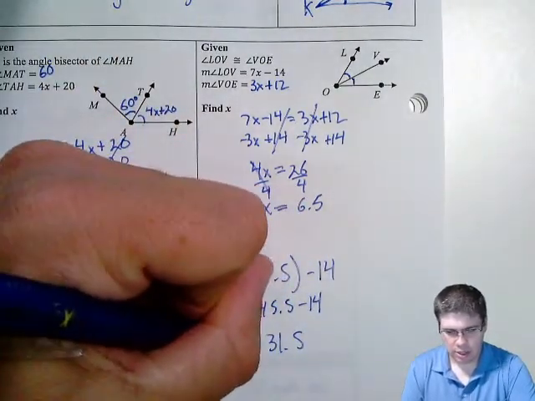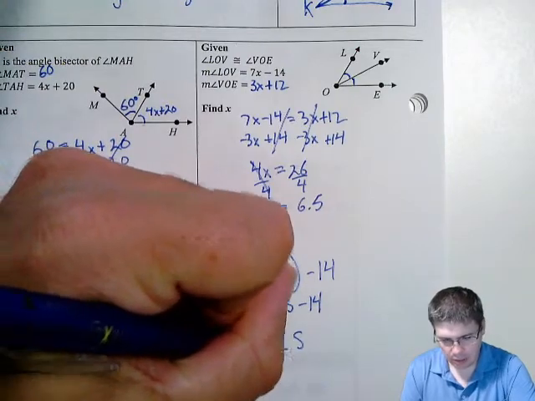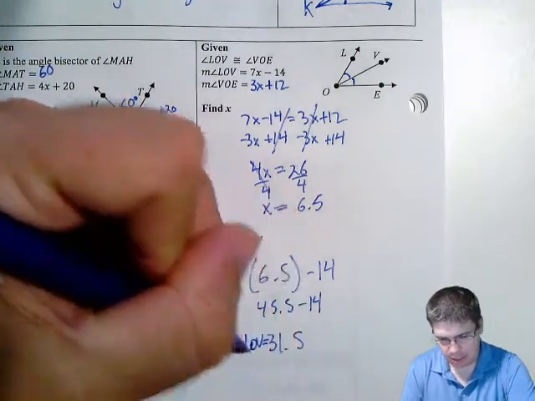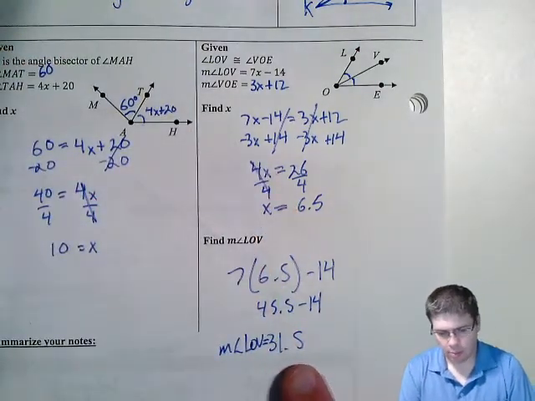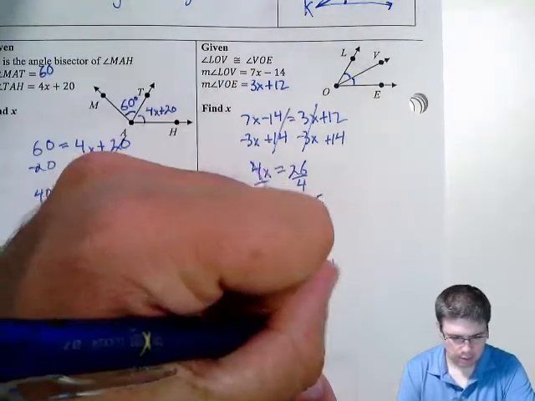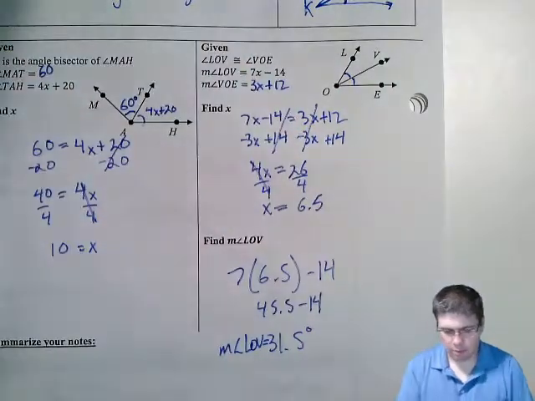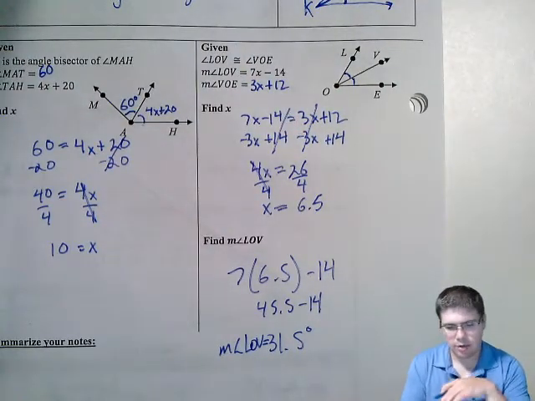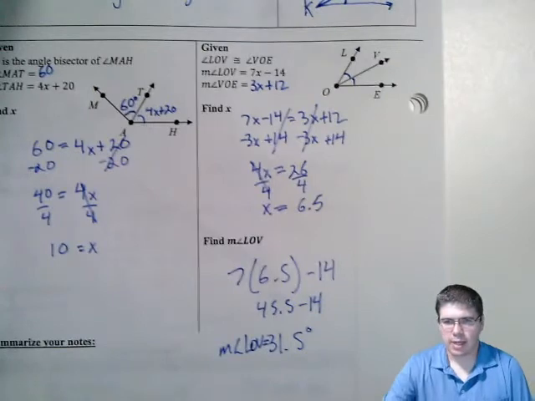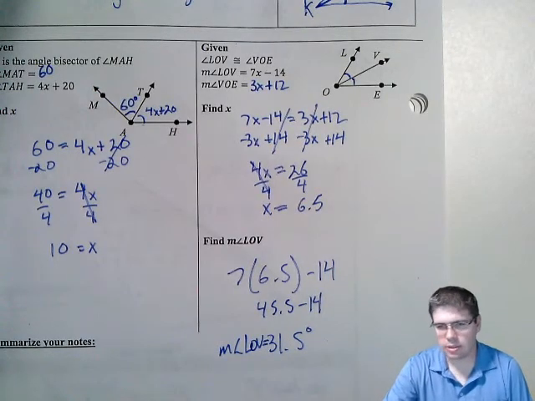And so the measure of angle LOV is equal to 31.5, and that's probably measured in degrees, and maybe we should have been including that throughout, but as long as we get it in there in that answer, that'll be fine. So that is measuring angles and getting going with angles.